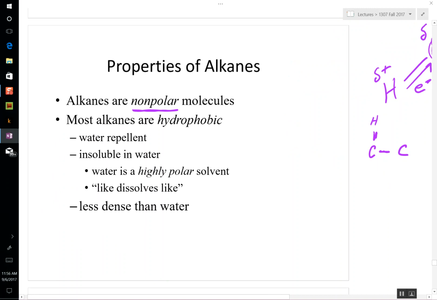This is why gasoline and water don't mix. You put gasoline and water together, gasoline's a hydrocarbon. It's nonpolar. Water's polar. Like dissolves like. Water is more dense than these hydrocarbons, and so water would sink to the bottom and hydrocarbons would float on the top.